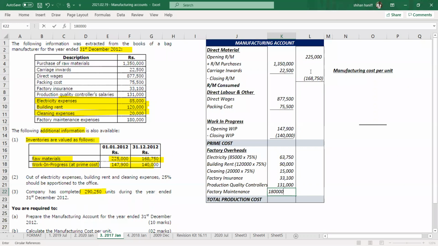So what's the answer? The cost is 2,389,650. Total production cost 2,902,500.